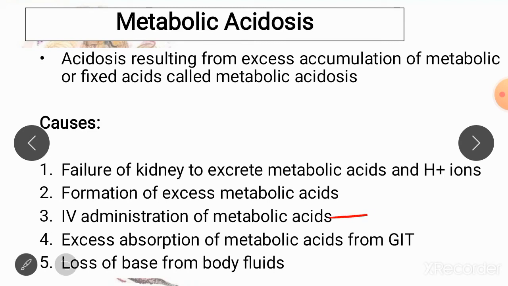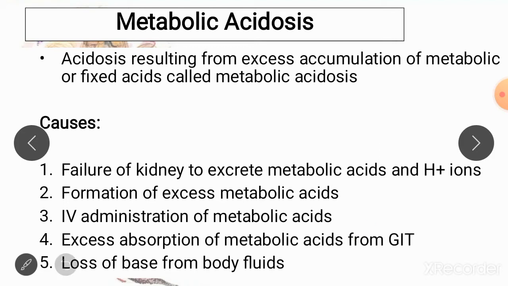It can also be due to administration of any drug or any metabolic acid through your veins. If you inject some acid into a person's body, or some drug that causes acidosis, there can also be excess absorption of acids from the GIT.